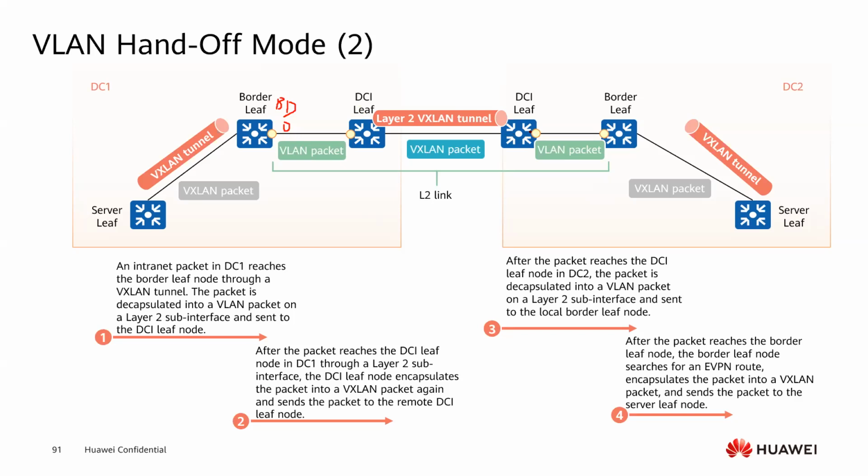And then the packet will leave the VXLAN tunnel and become a VLAN packet, and then it will re-enter the border leaves. So you will find that we need to make sure the encapsulation or the mapping information is the same. So we can make sure this server leaf can communicate with that server leaf. That is the VLAN handoff.